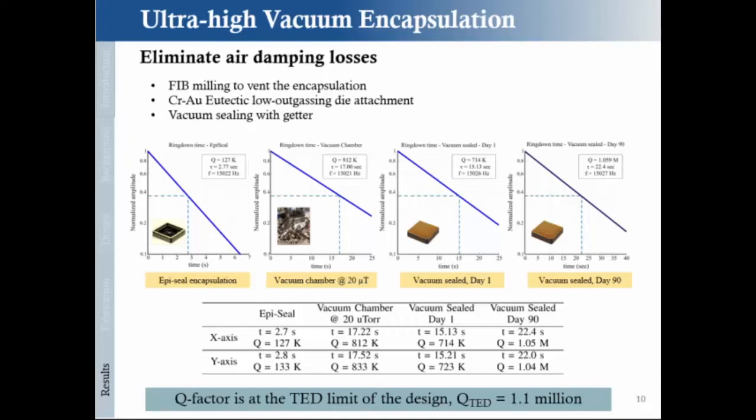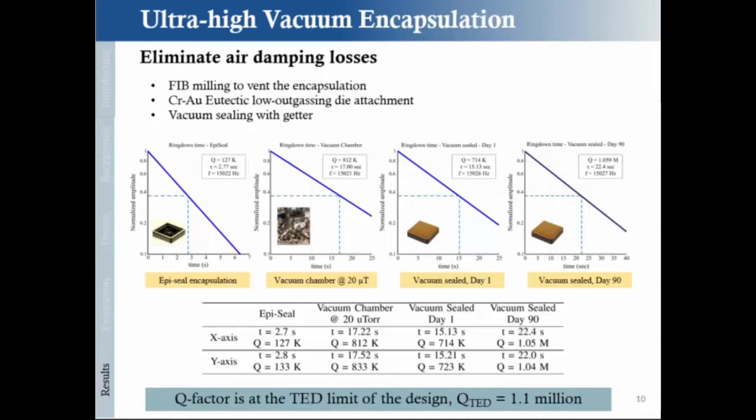So we tested, and these are the quality factor measurements of the epitaxial device. The quality factor of this device was 127,000, whereas the thermoelastic damping limit was 1.51 million. So we have a lot of losses, very far from the thermoelastic damping.